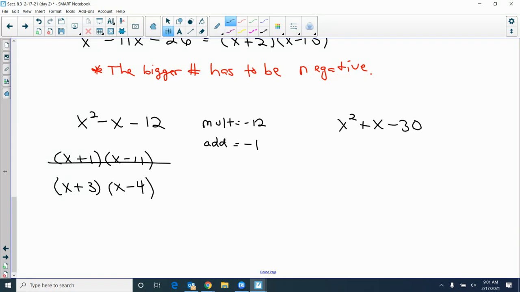No, because 3 plus negative 10 actually add up to negative 7. Okay, Sam? Negative 5 and 6. Good, x minus 5, x plus 6. If you can't figure them out, you do a chart. Come up with those.